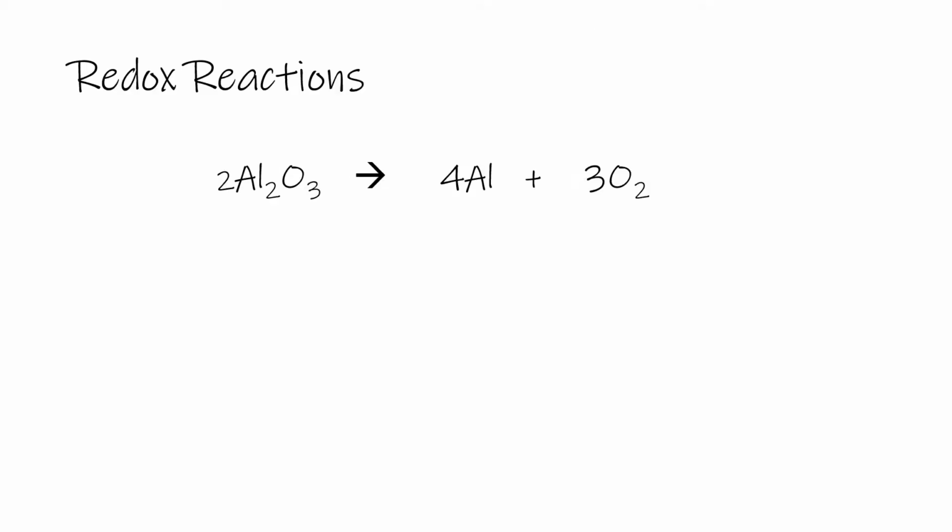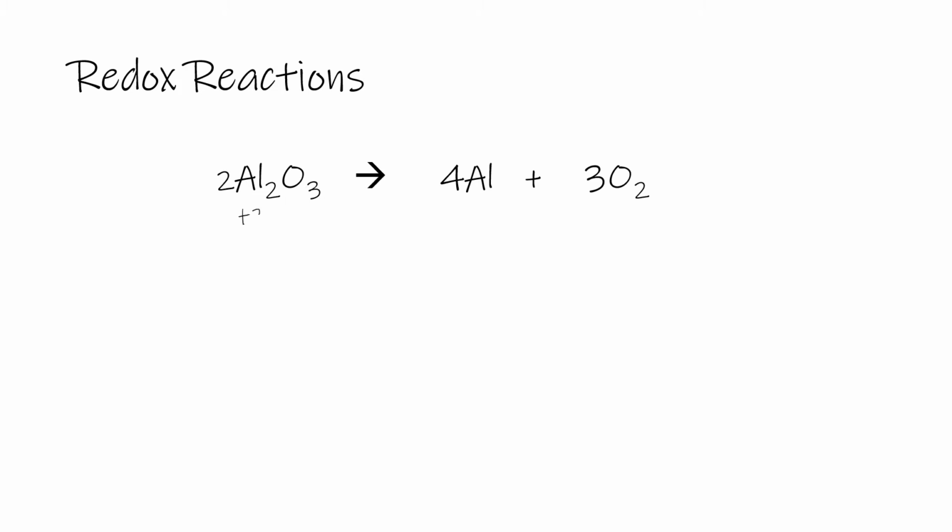Here's a reaction we're going to look at. Aluminum oxide decomposes to produce aluminum metal and oxygen. First thing we're going to do is go through and assign oxidation numbers. Aluminum oxide is an ionic compound, so the aluminum and the oxide in there are going to have oxidation numbers equal to their charge as an ion.